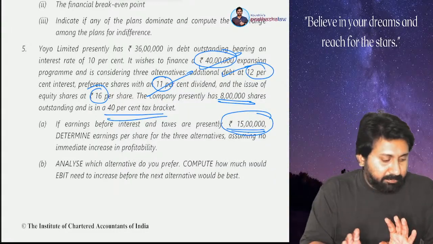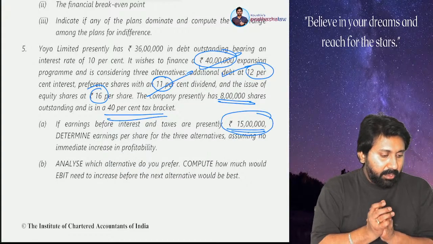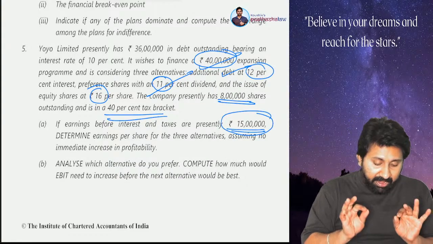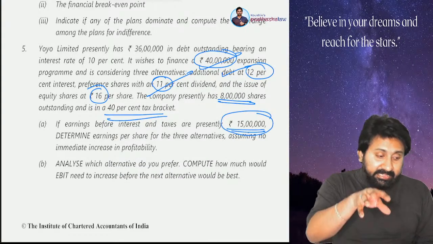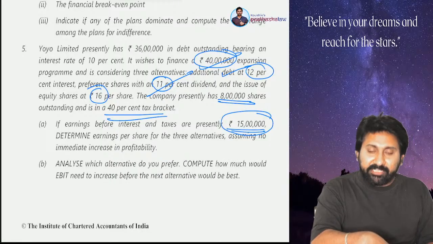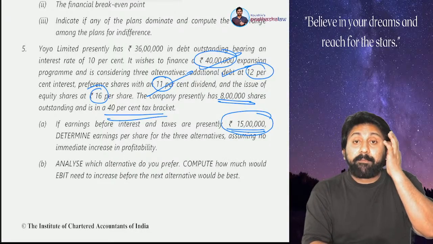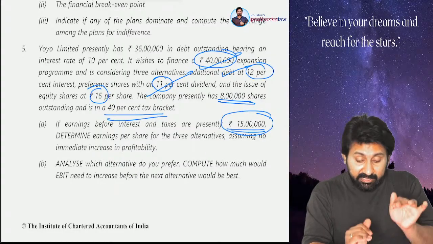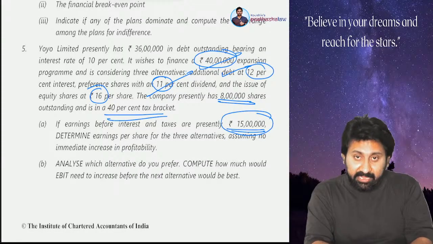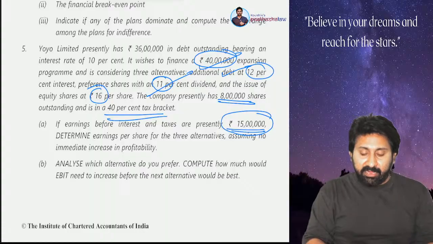Let me first explain the main point clearly. Point number one: this question is called various plans comparison, capital structure planning. Three different plans are there.